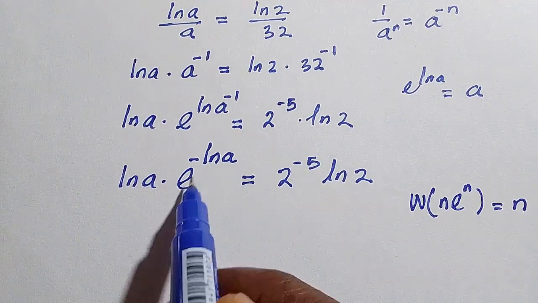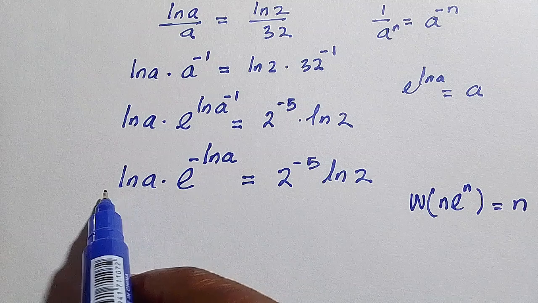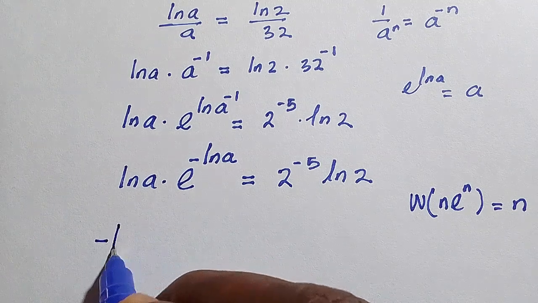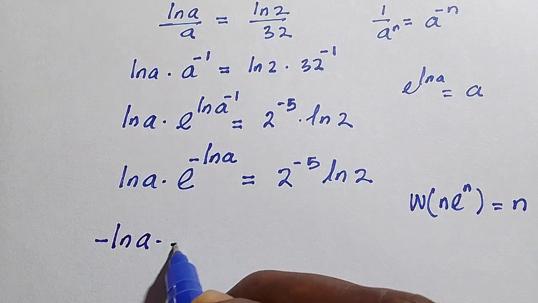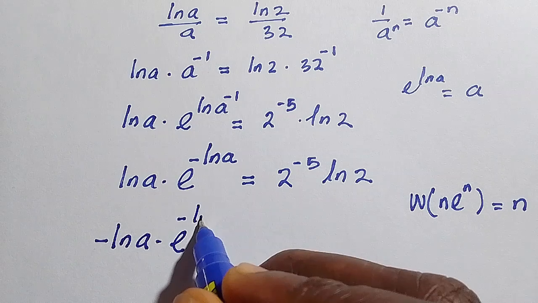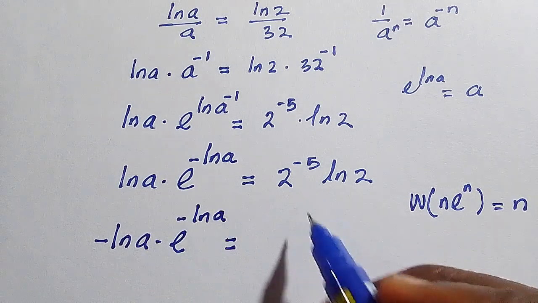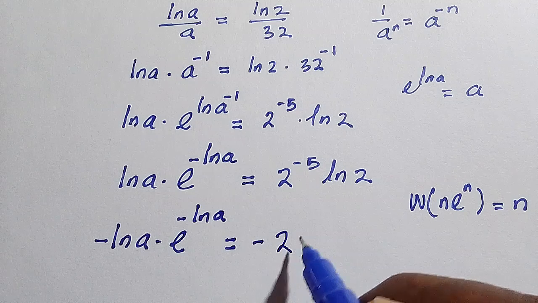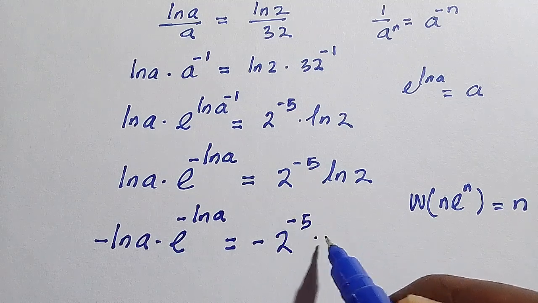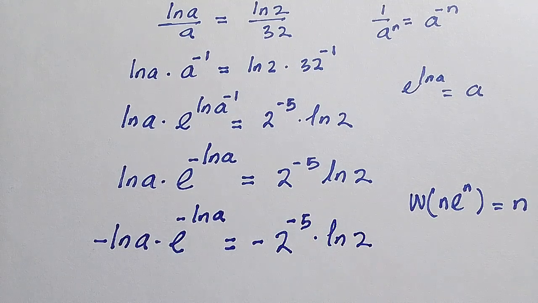And what this is missing is just a minus. While introducing that negative here, we have minus ln a multiplied by e raised to the power of minus ln a equals, this one is also taking a minus, so minus 2 to the power of minus 5 multiplied by ln 2.